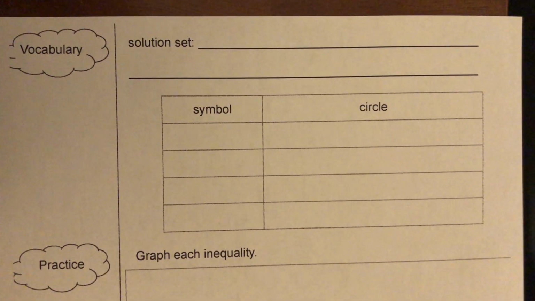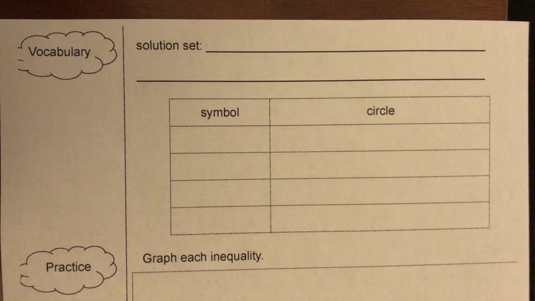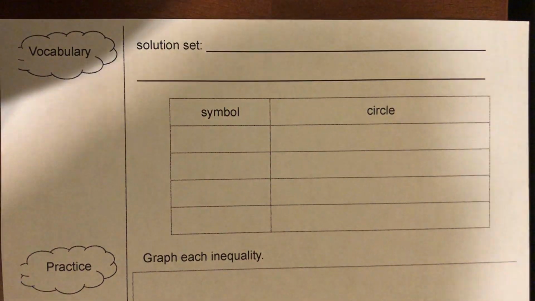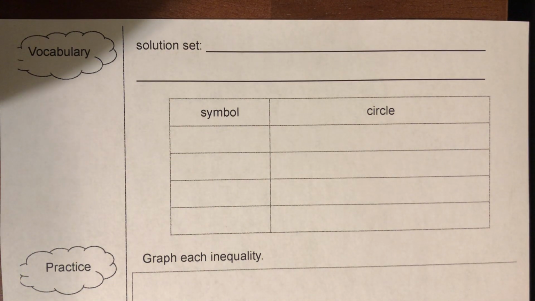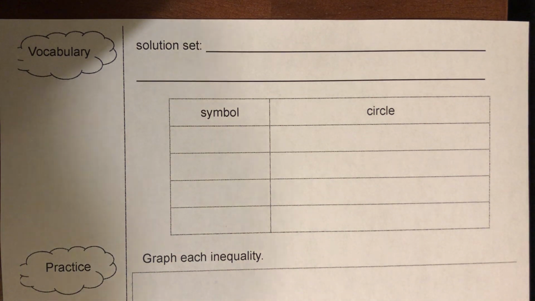so now we're actually gonna be graphing here. And I wanna make sure that first we define what a solution set is, because you know, when you did equations, you had one and only one solution that worked in that equation. Inequalities, it does not function the same way. Inequalities, there's tons of solutions.